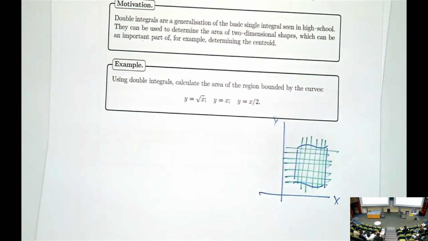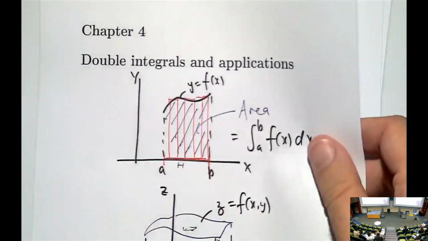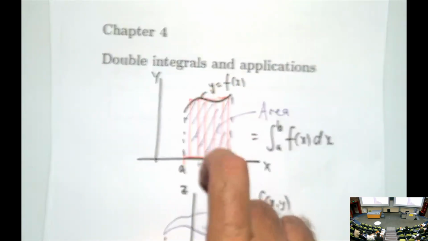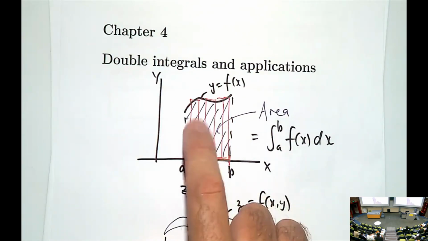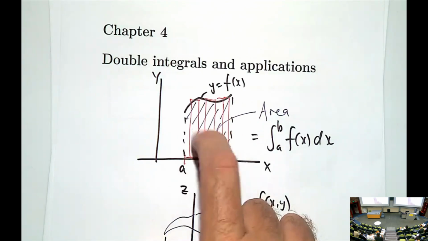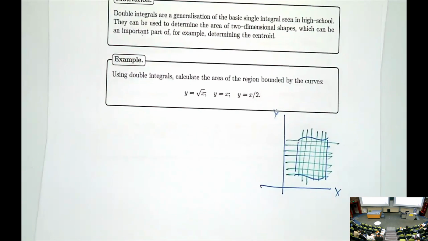When I first showed you this at the start, we were only slicing along one axis, chopping up the x-axis, or vertically. Here we're going vertically and horizontally. It's like an infomercial.